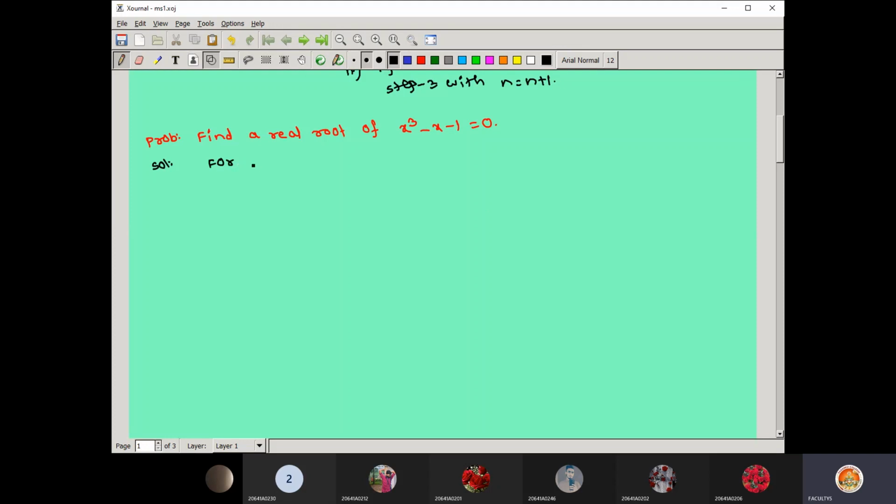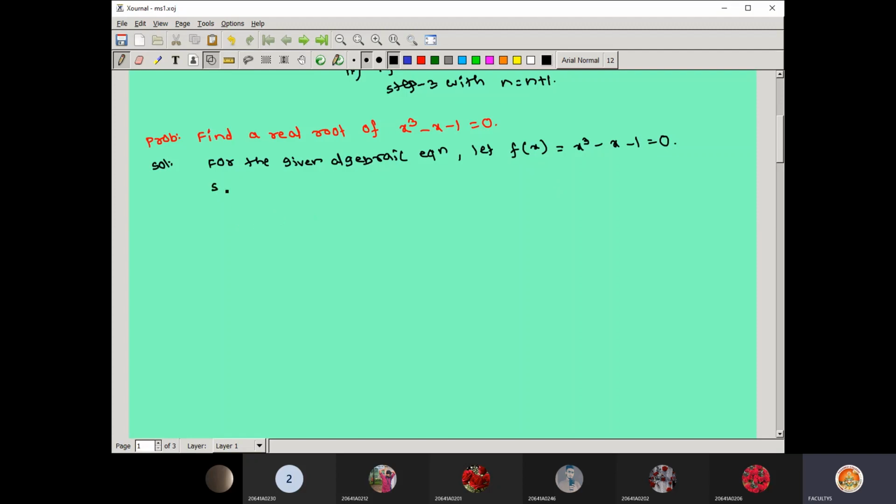Better you write down: for the given algebraic equation, let f of x equal to x cube minus x minus 1, equated to 0. So this is one algebraic equation. As per the procedure, we need to calculate the real numbers.